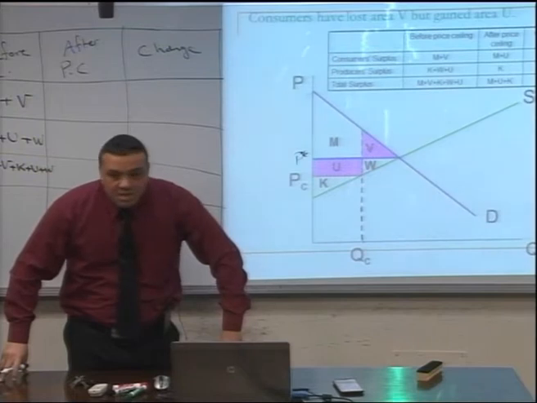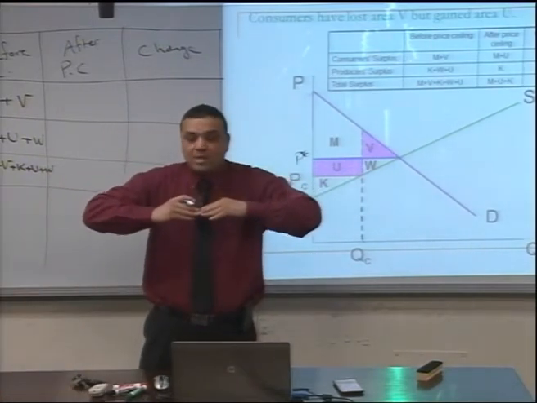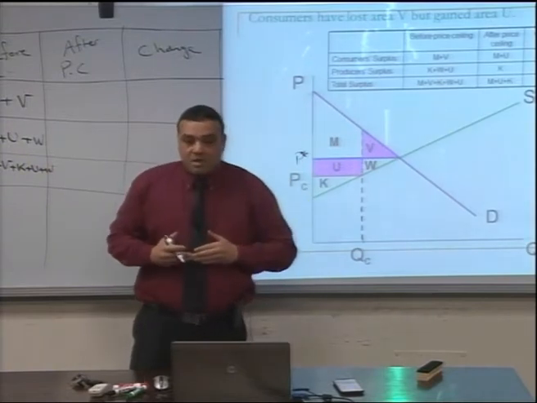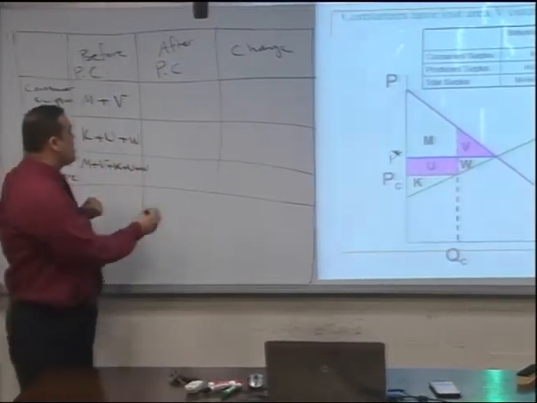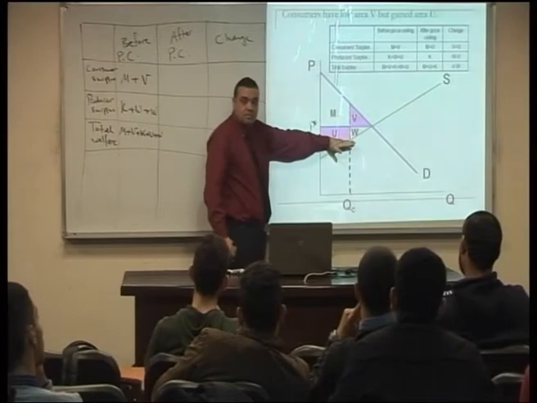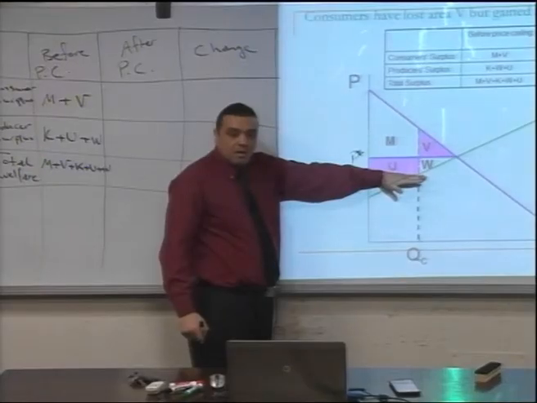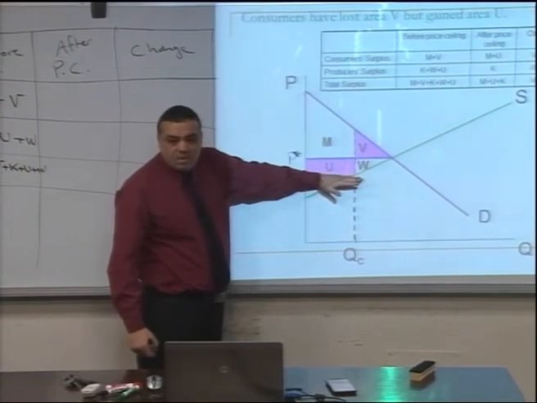What about the changes when the government sets a price ceiling? What is the impact of the government intervention here? After imposing a price ceiling, here's the price ceiling. How much is the consumer surplus?